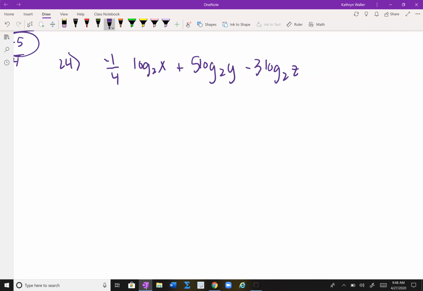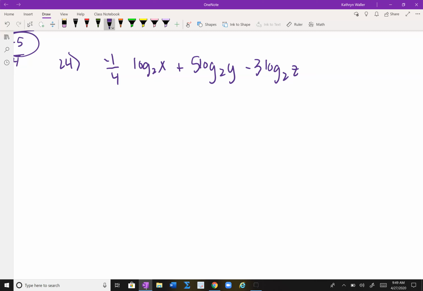Okay, so you're going to go completely opposite direction. There's a couple of different ways to do this. I kind of hate that negative right there, honestly. You could pull the whole negative 1/4 up. Then you'd have an x to the negative 1/4, and then you'd have to pull your x to the bottom, and it would be an x to the 1/4 on the bottom.